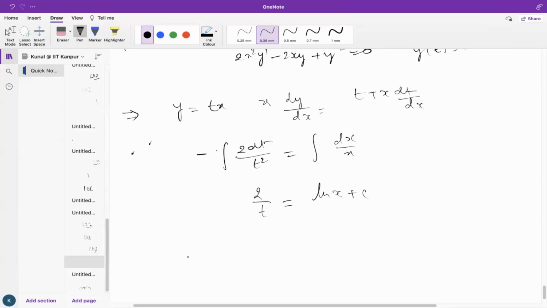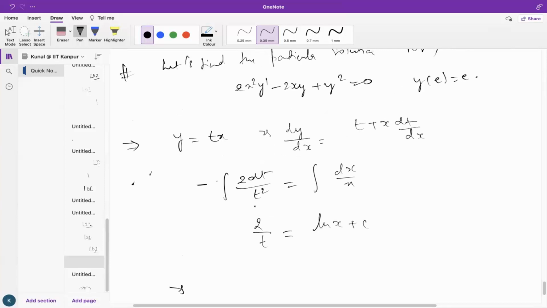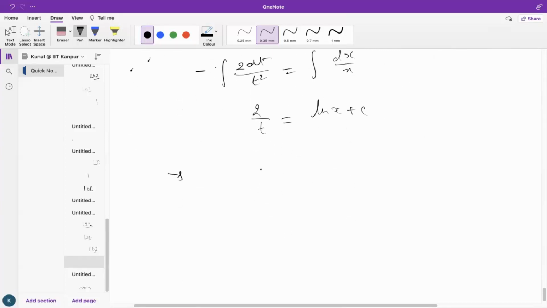And now you have to just substitute the limit value, right? We have something given of y is equal to e. So first try to substitute here by x and y. So we'll get 2x by y is equal to ln x plus c. And then substitute x is equal to e. So we will get y is equal to e.